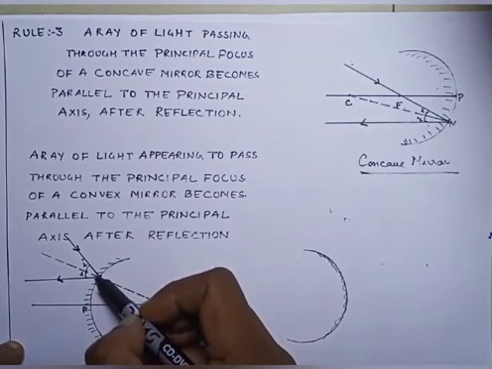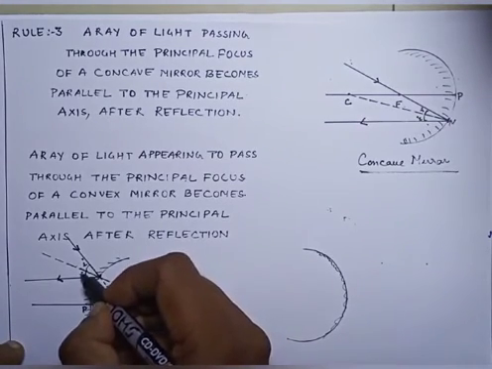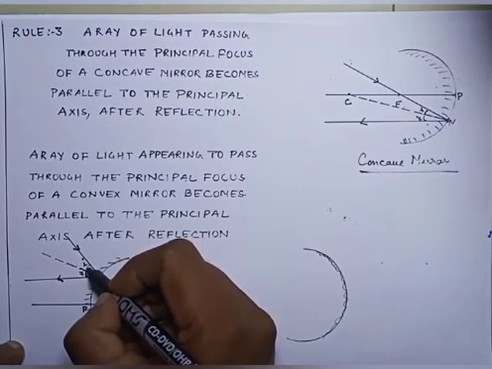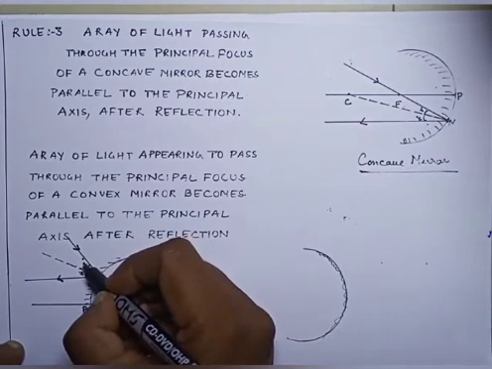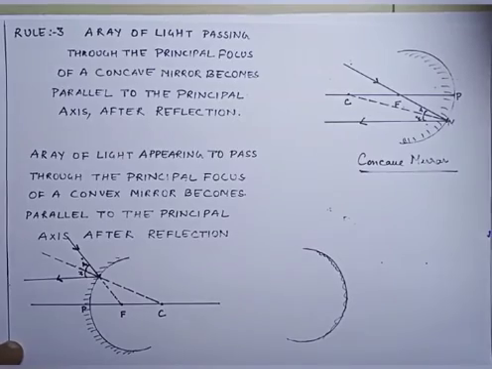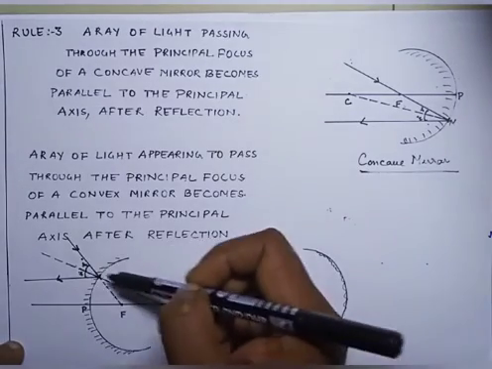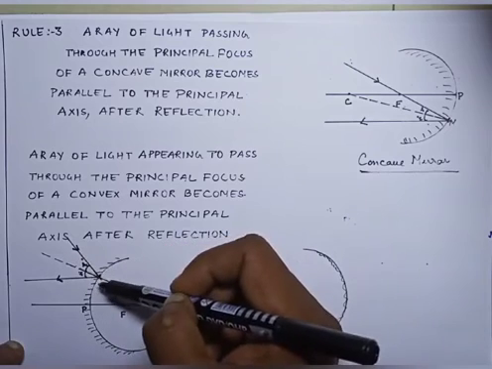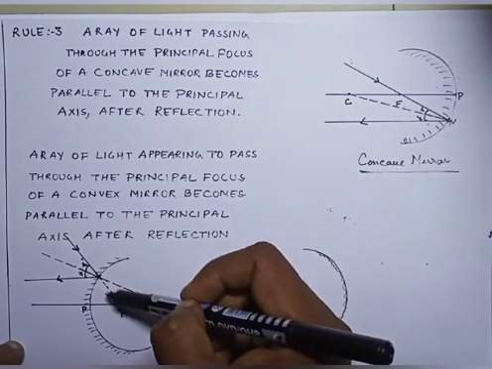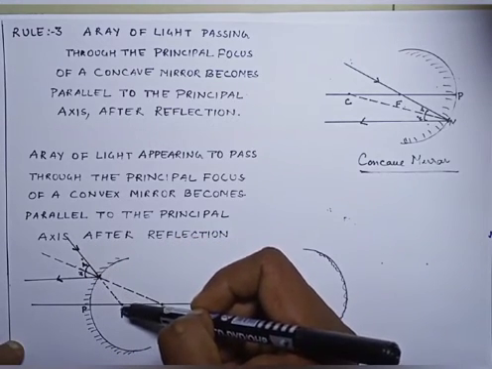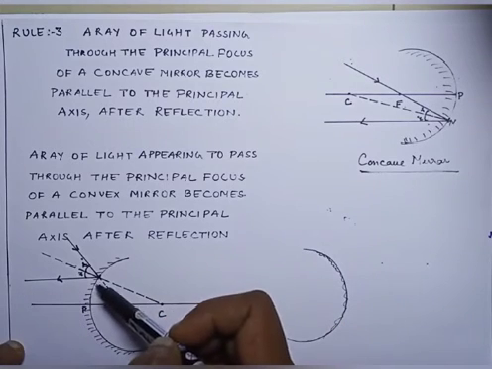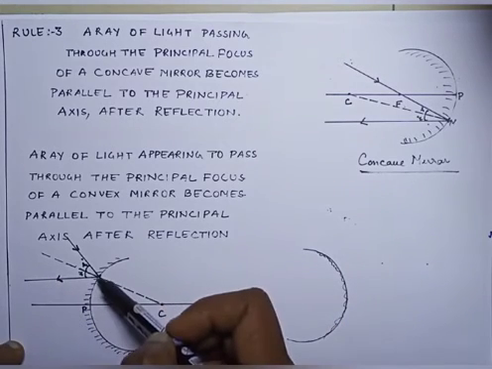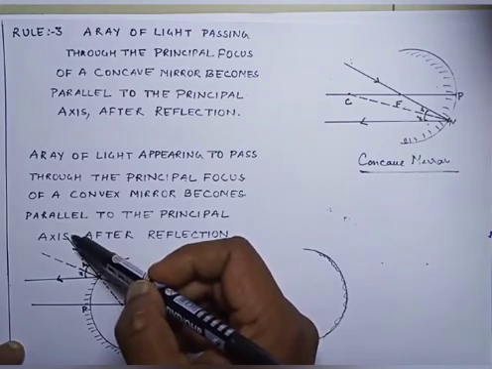If we extend this line, this is the angle of incidence, and the corresponding angle will be the angle of reflection. In both cases, it seems that the ray is going to pass through the focus, but actually it will not pass through the focus. After striking the mirror, it will diverge.